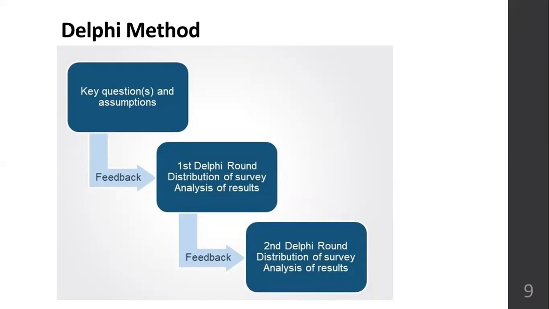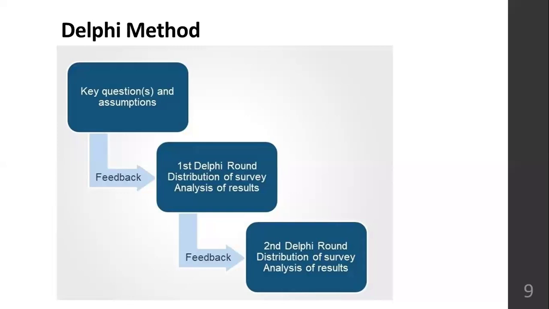So this goes on until the entire group comes to a conclusion of the same forecast. Okay, so that is the Delphi method. Only experts are invited in Delphi methods. It may go to 3 rounds, 4 rounds. Okay, the motto here is you want to get close to the exact forecast from the participants.